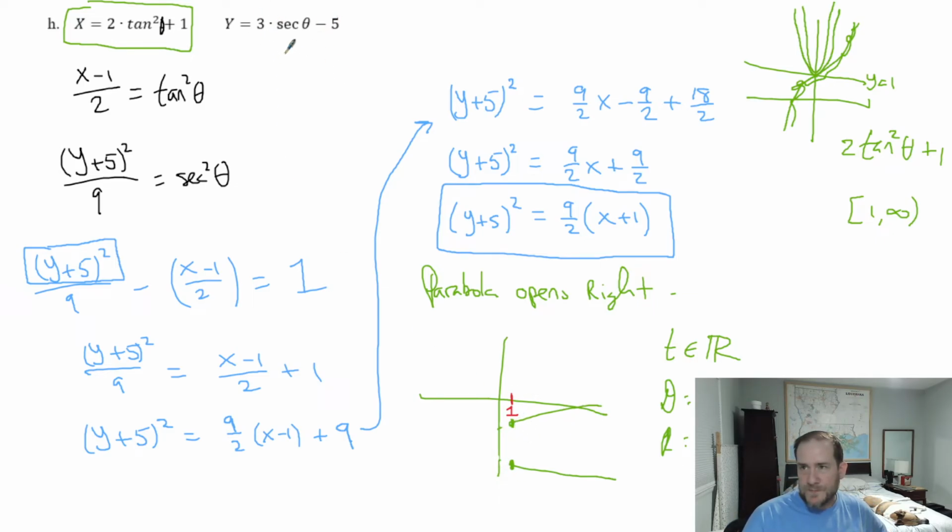Well, think about your secant function. Secant is the reciprocal of cosine, which means it has an asymptote here at 1. Then there's another branch down here at negative 1. And then another. So what happens here? If we multiply by 3, then this becomes 3 and negative 3. And then if we take away 5, then everything shifts down.